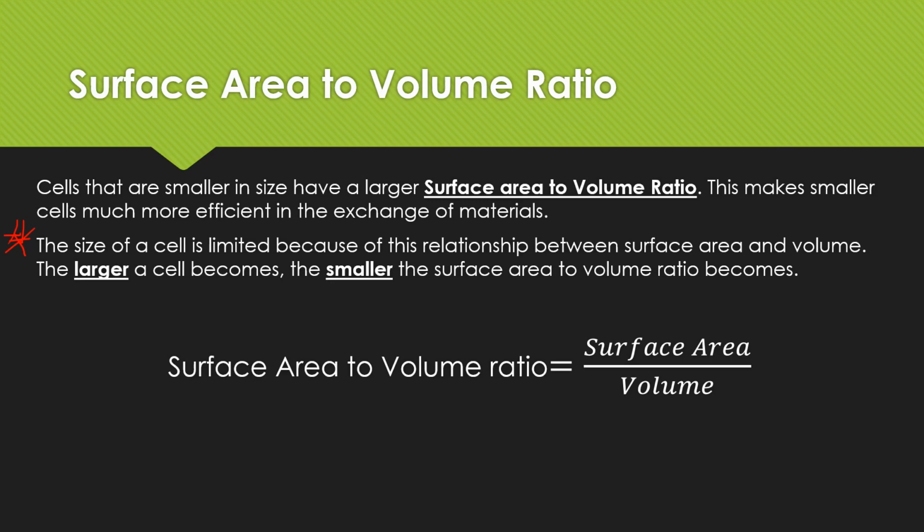Conversely, the smaller a cell, the larger the surface area to volume ratio. So we want a big number here. The bigger the number, the better, the more efficient.